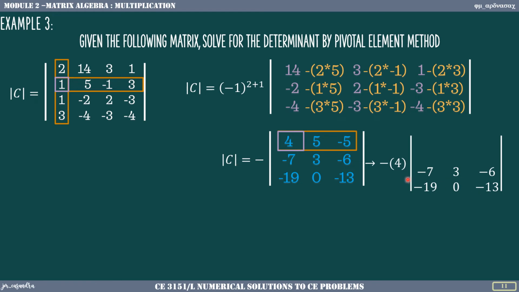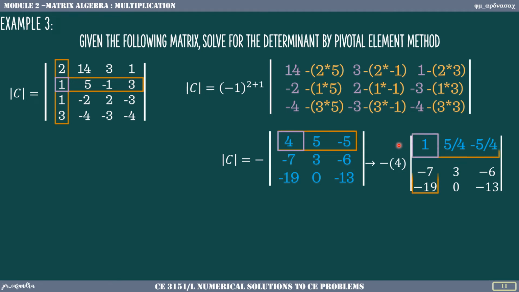We'll have negative 4. The second and third row remain the same. And then the first row will now become 4 divided by 4, that's 1. Then we'll have 5 over 4 and negative 5 over 4. So with this, we can now apply the pivotal element method.